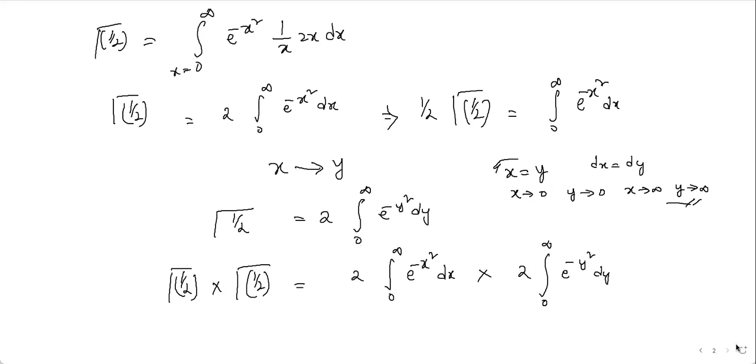That would be equal to 4 times the integral y from 0 to infinity, integral x from 0 to infinity, of e to the power of minus x square, e to the power of minus y square dx dy.